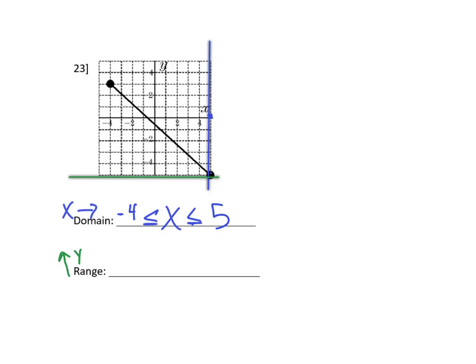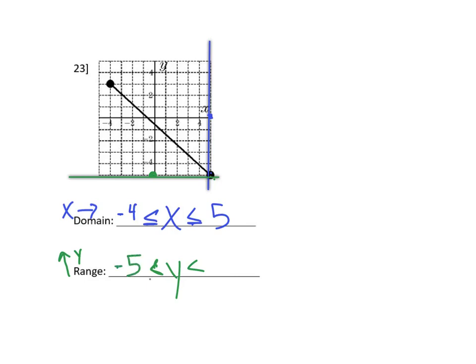The range, y values. So I have my y with my less than symbols before and after. And then I'm going to go from the bottom up because the y-axis is vertical, it goes up and down. So starting from the bottom, I can see my graph has a y value of -5.